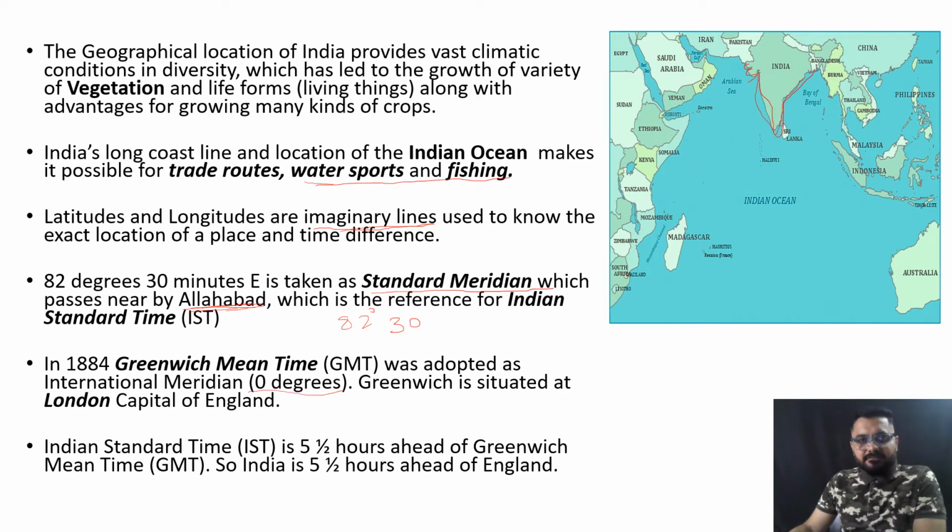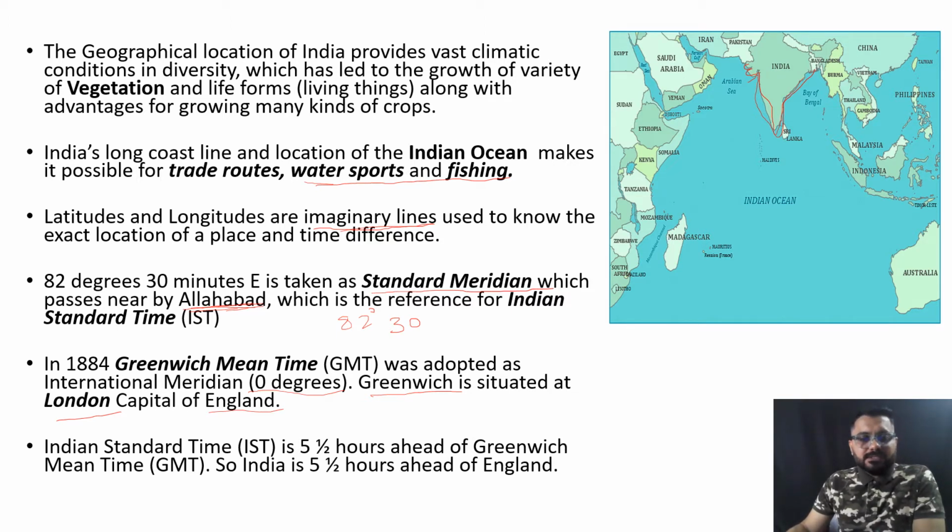Since it was becoming difficult for countries to trade, all the countries came together and decided that there should be a 0 degree meridian, and the place chosen for that happens to be Greenwich. This is situated in London, which happens to be the capital city of England.